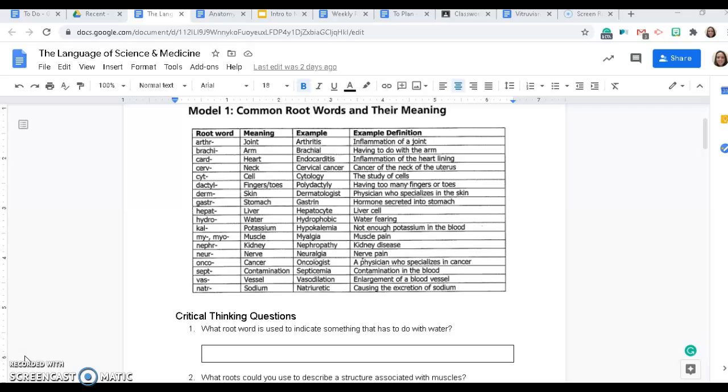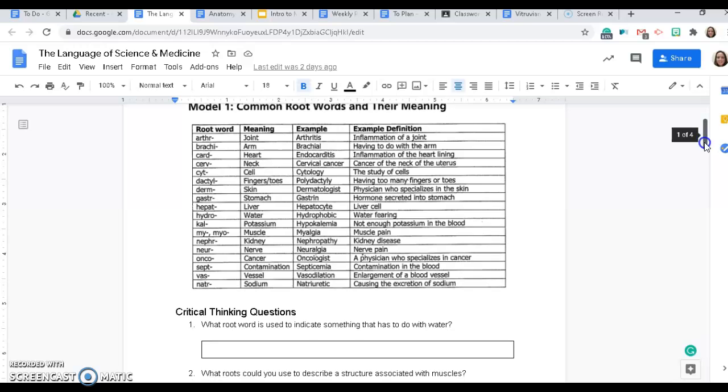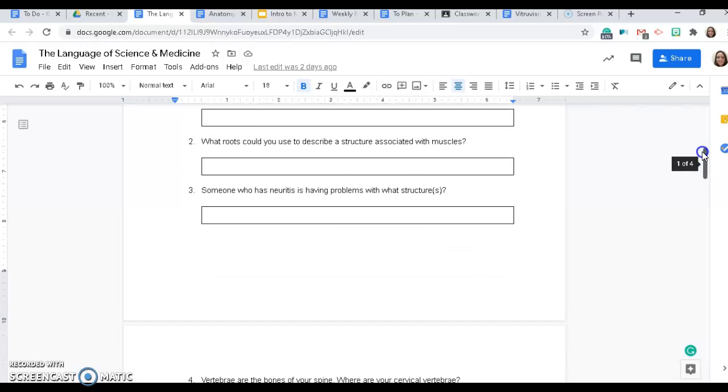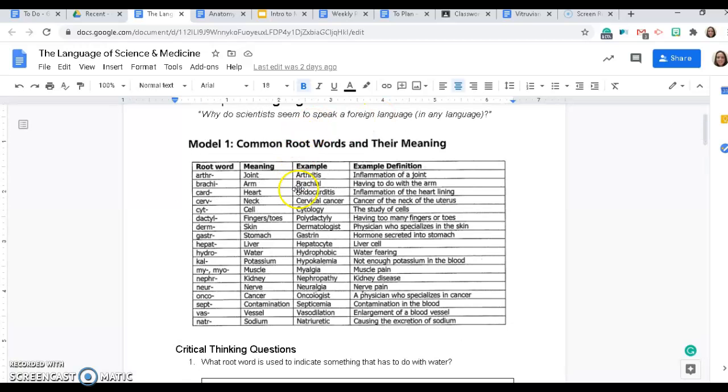And I want to give you two heads up with this activity. You do really need to look at all the columns for some questions. I think there is a question about a suffix, an ending to the word. Look at some of the examples that have the same suffix or the same ending to see if you could come up with the definition of that suffix.